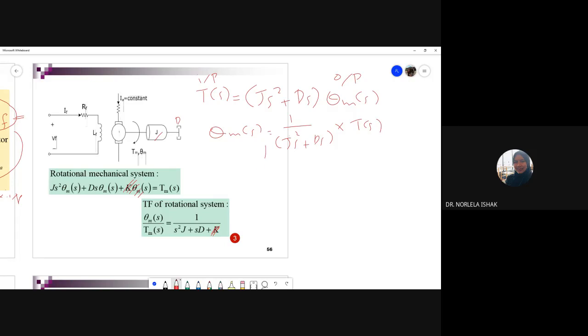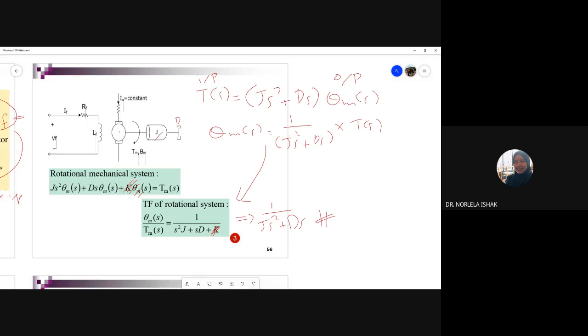So from here we write the transfer function: theta output over Tm input equals 1 over Js squared plus Ds. That's our rotational mechanical system transfer function.